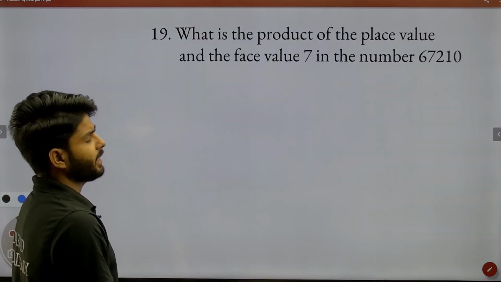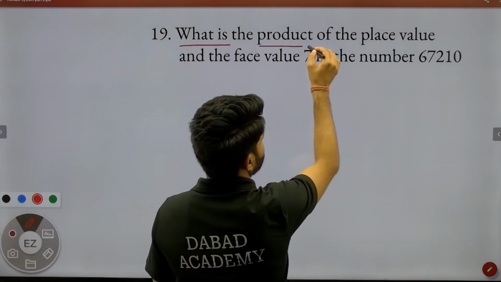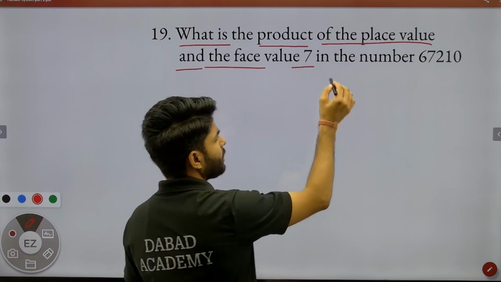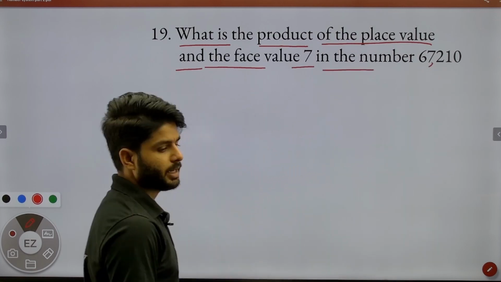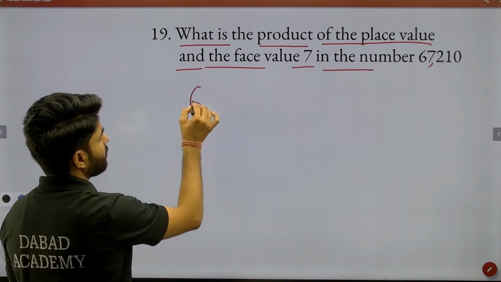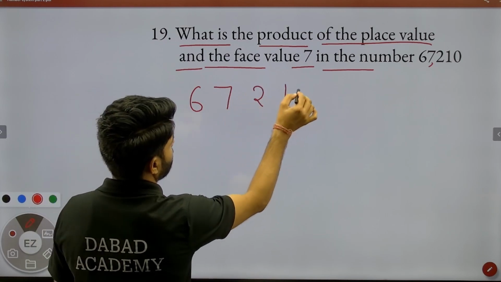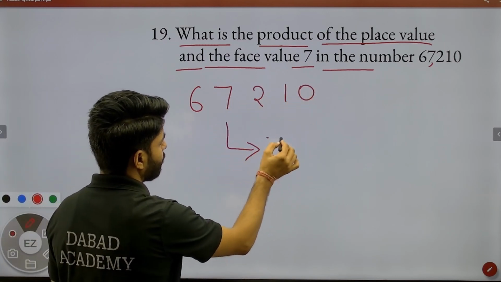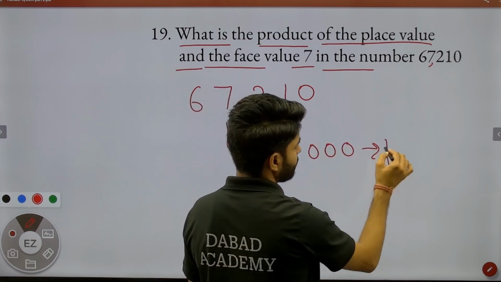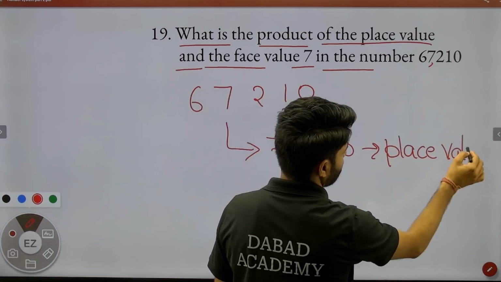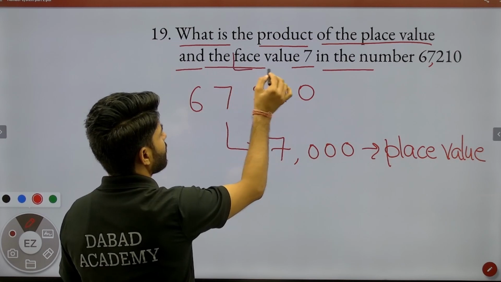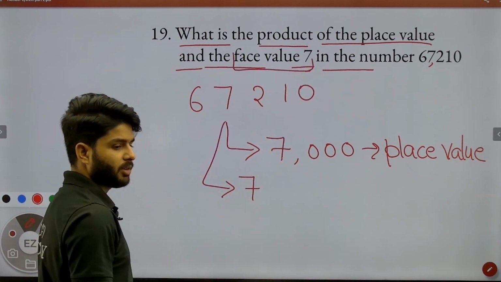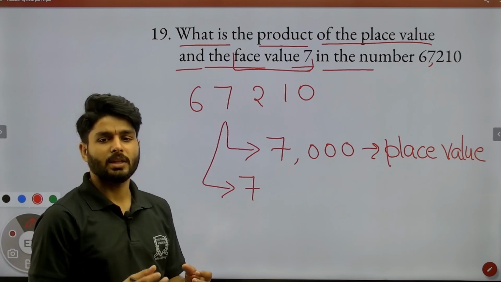In question number 19, what is the product of place value and the face value of 7 in the number 67,210? So first we have to write the number 67,210. Now we have to find the place value of 7, and the place value of 7 is 7,000. And then we have to find the face value of 7, and we already know what a face value is. The face value of any number is the number itself.